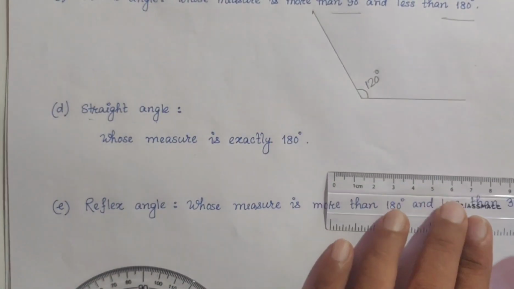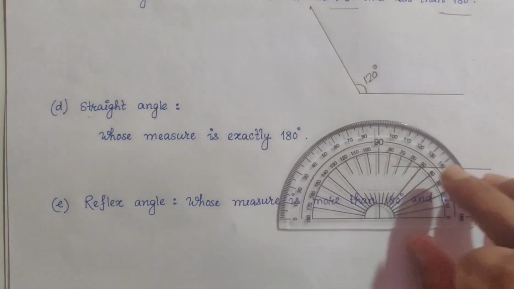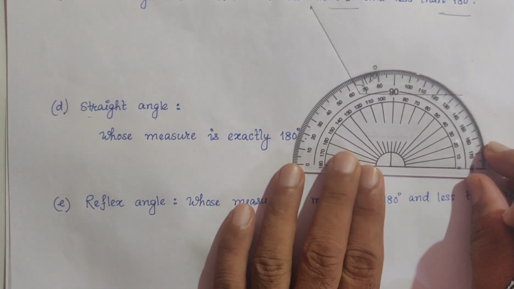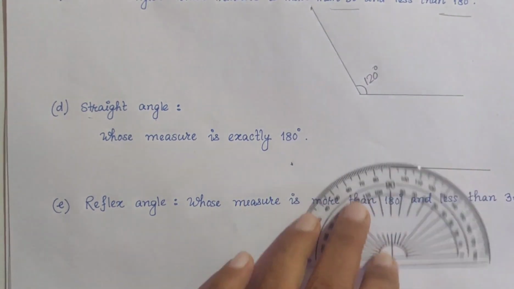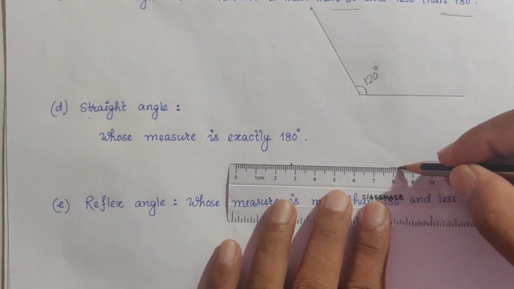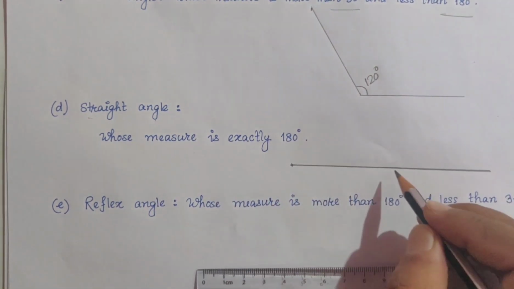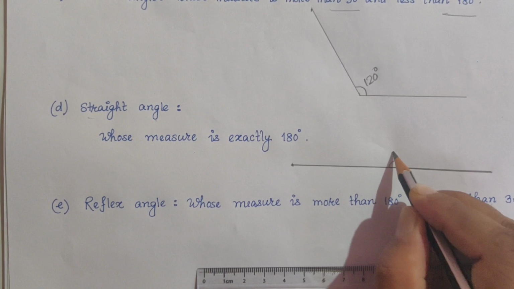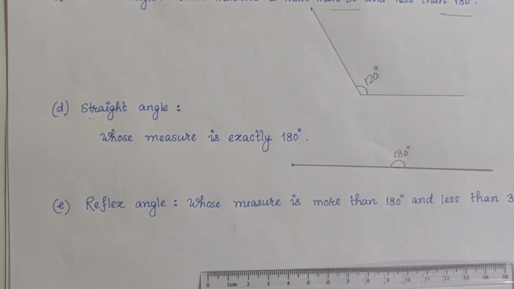You can draw a line here, then put the central point, and on the other side you get the 180 degree. So join this. This is the straight angle. That means a straight line is obtained. This is a straight angle of 180 degree.